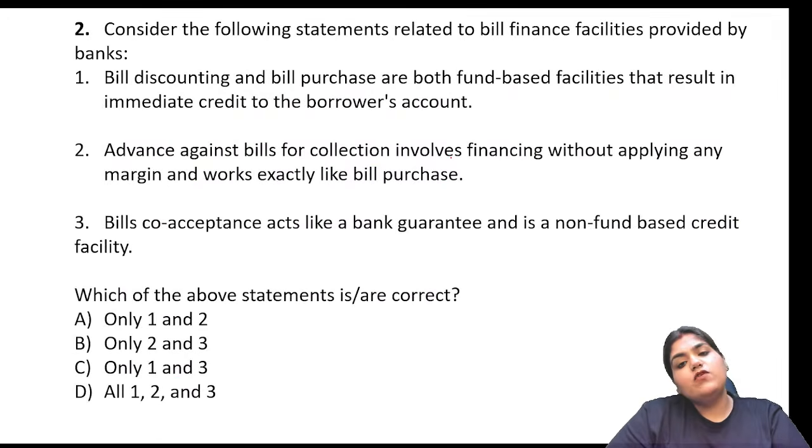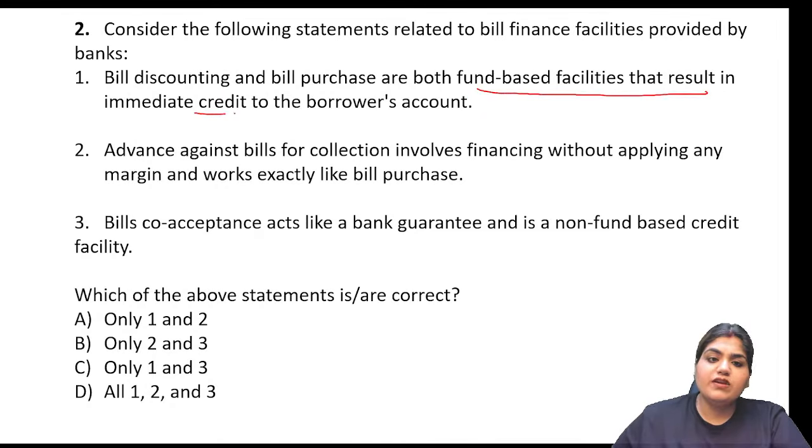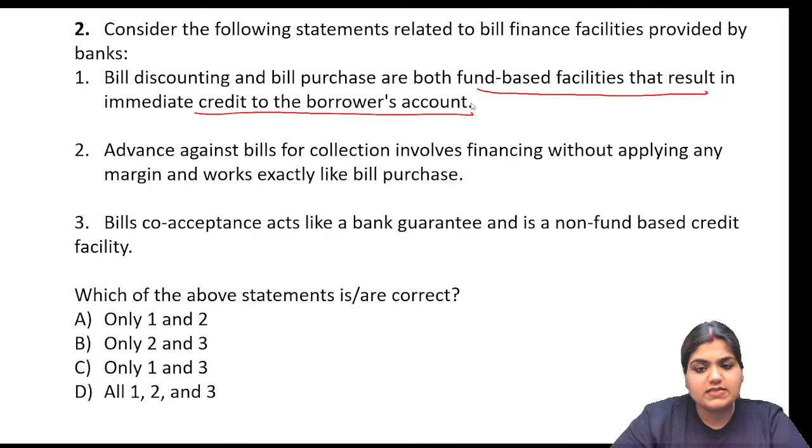Next, consider the following statements regarding bill finance facilities. Bill discounting and bill purchase are both fund-based that results in immediate credit to the borrower's account. Yes. Serial number 2.